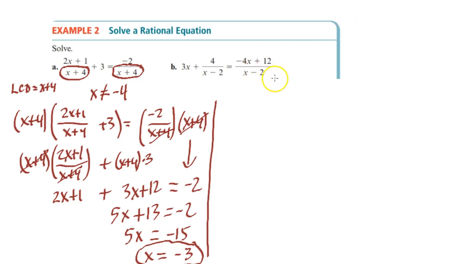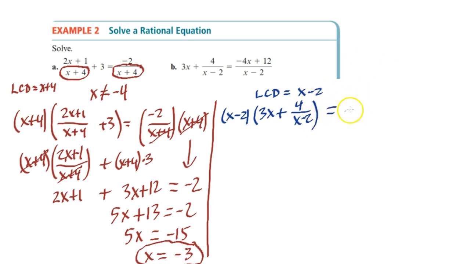So we will find that the LCD is just this x minus 2, since it's our only denominator. And we're going to multiply both sides of the equation by x minus 2. And the right side of the equation, we will multiply by x minus 2.